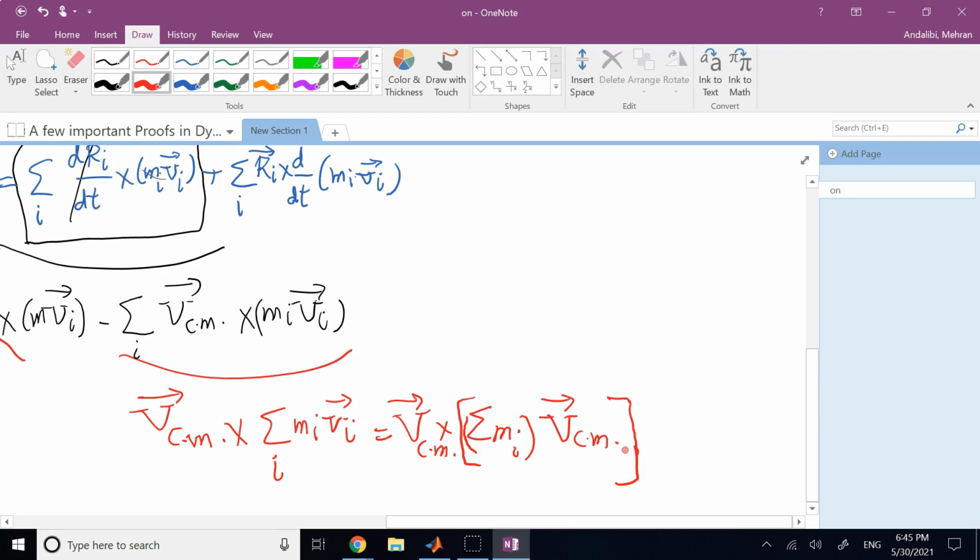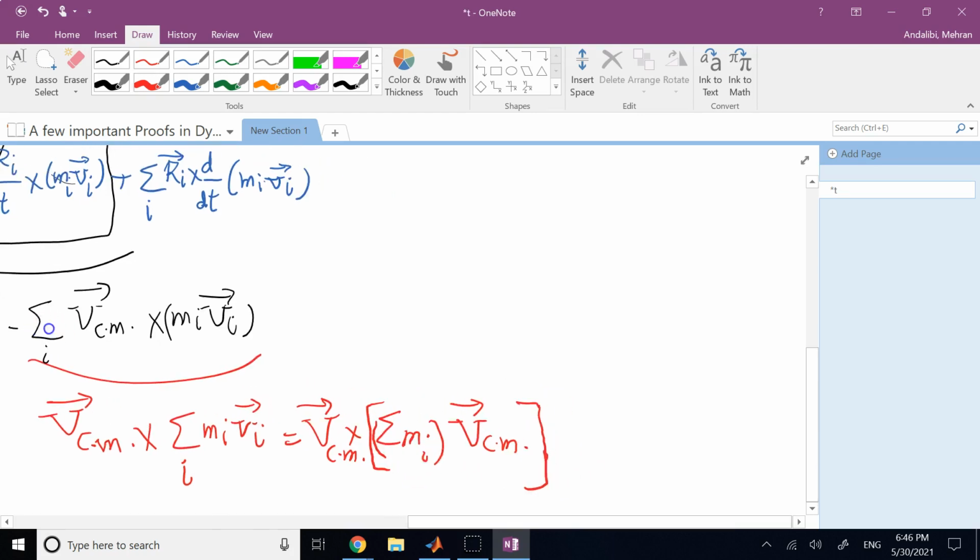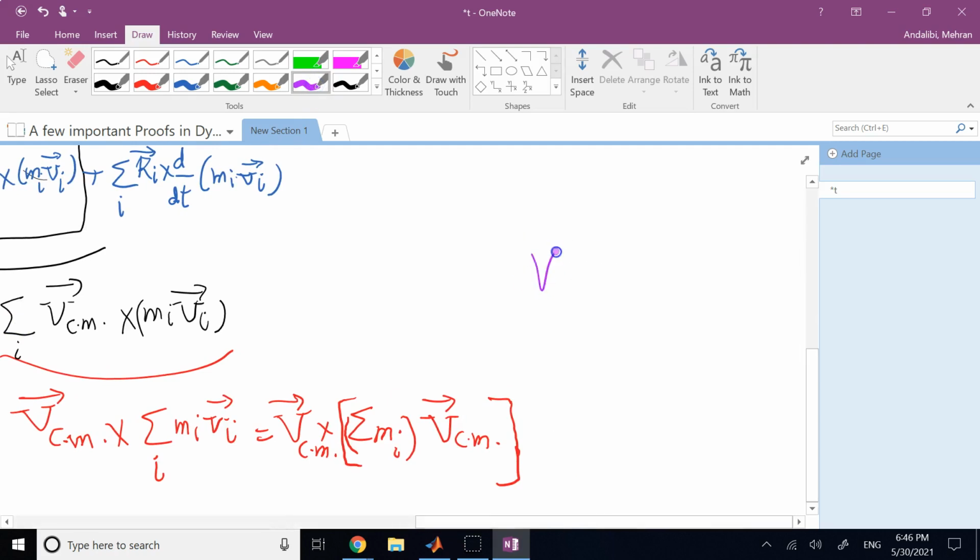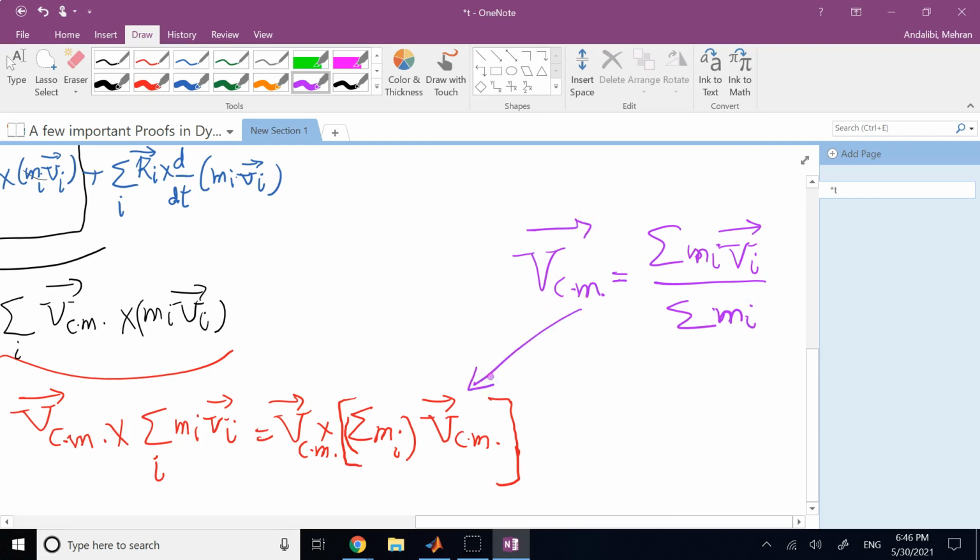Because the definition of velocity of the centroid is summation mivi over summation mi, right? We know that definition, correct? Everybody knows that. Velocity of the centroid for a system of particles is summation mivi divided by summation mi, the total mass of the system. Therefore, I can write it this way. And again, look here, this summation mi is just a constant number. vcm cross vcm is what? Again, 0.